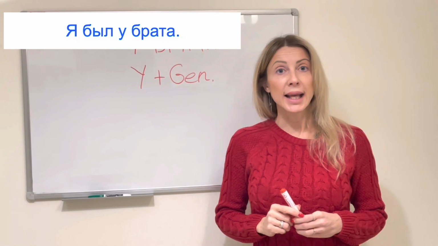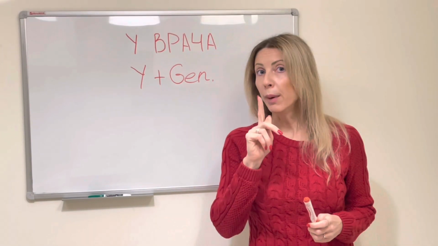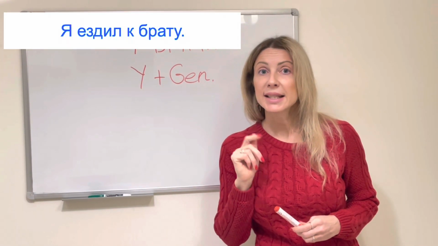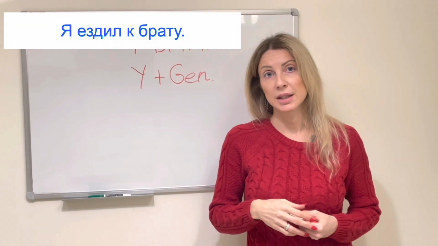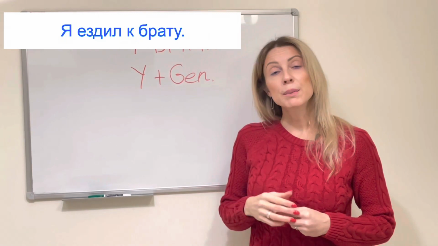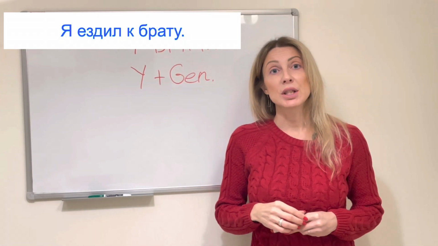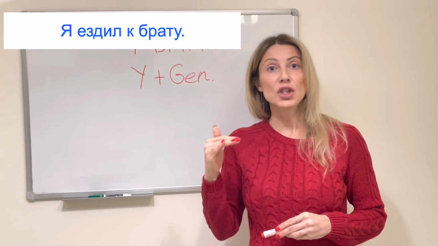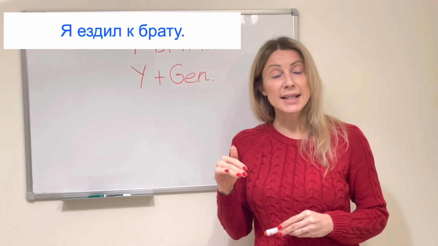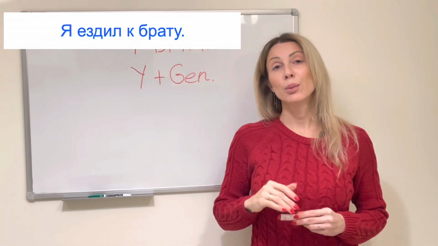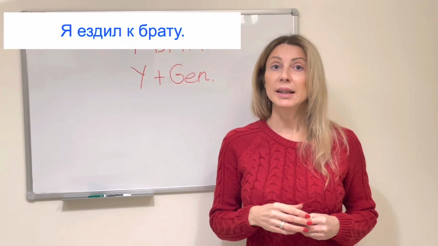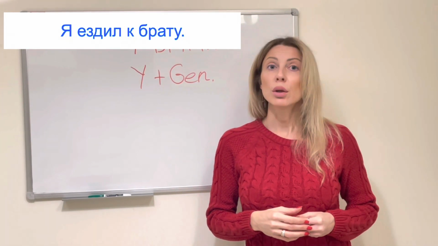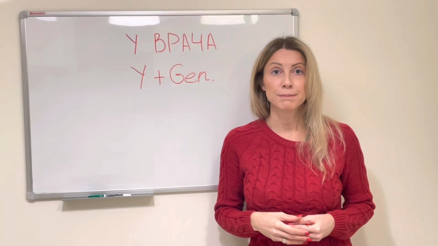I was at my brother's. But я ездил к брату. I went to my brother's. So, in the first sentence we use preposition У and then genitive case. The second sentence, я ездил к брату. We use preposition к and then dative case because of the verb of motion.